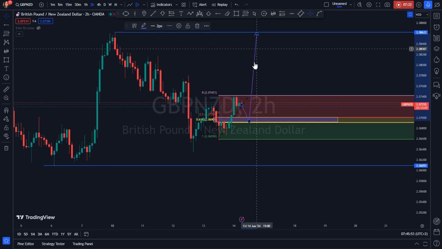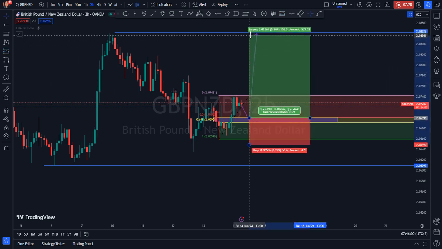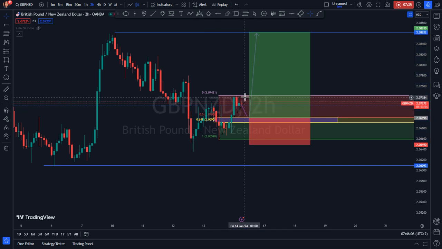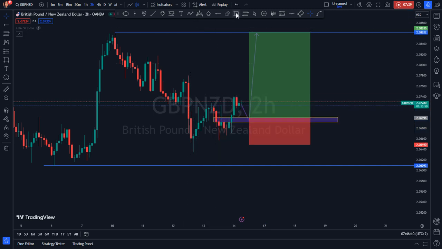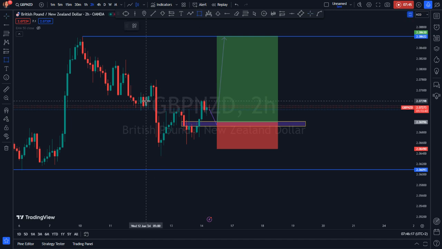You see, this is a golden zone. If you want to wait to take this trade, this is where you can possibly wait until you trade. But I think I'm going to enter this trade right now. I would rather have a very big stop loss because I have faith in this setup.